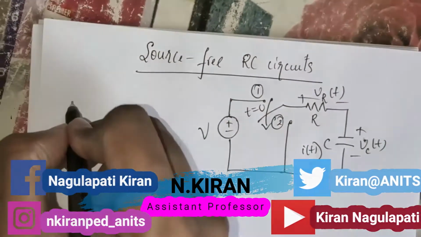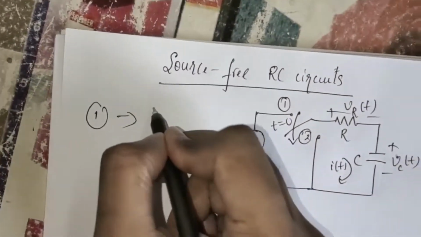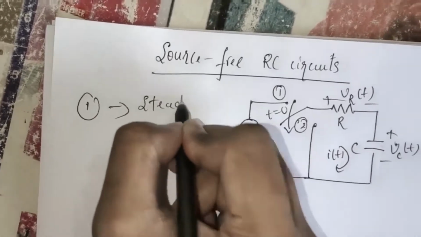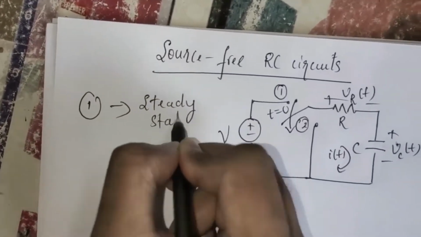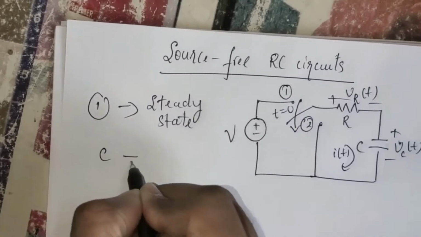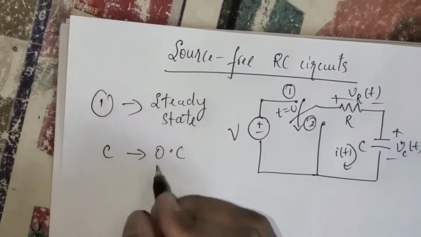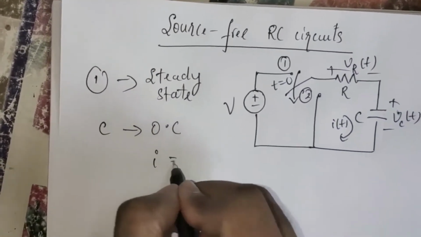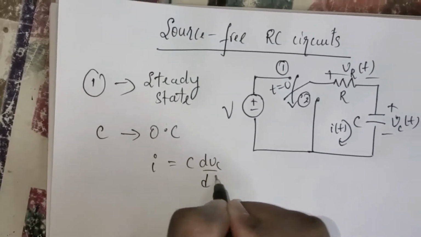So initially when the circuit is at position 1, we assume the circuit to be in steady state. At steady state we know that the capacitor will act as an open circuit, since the current flowing through the capacitor is C into dVc by dt.